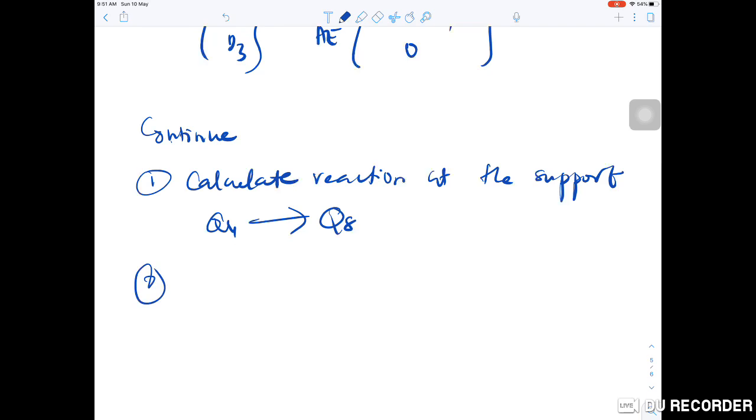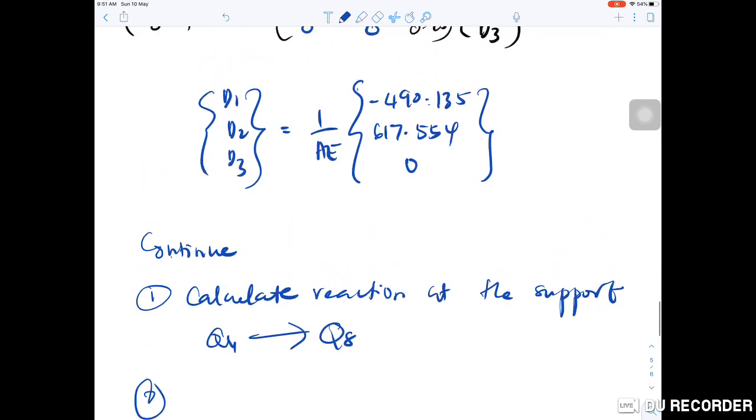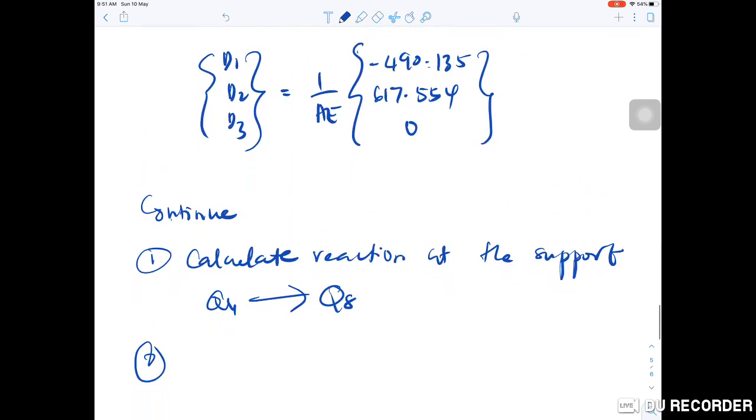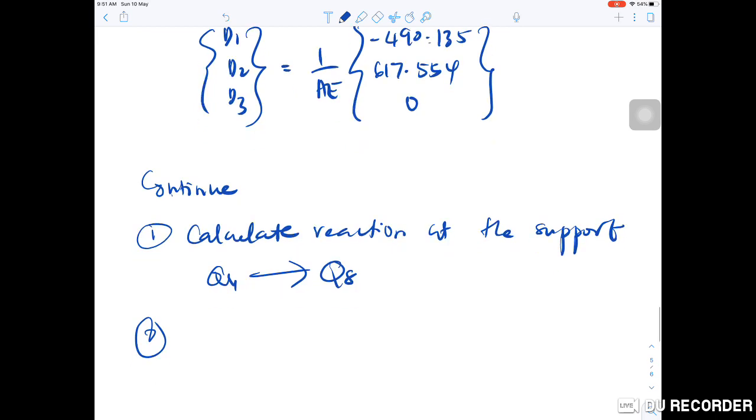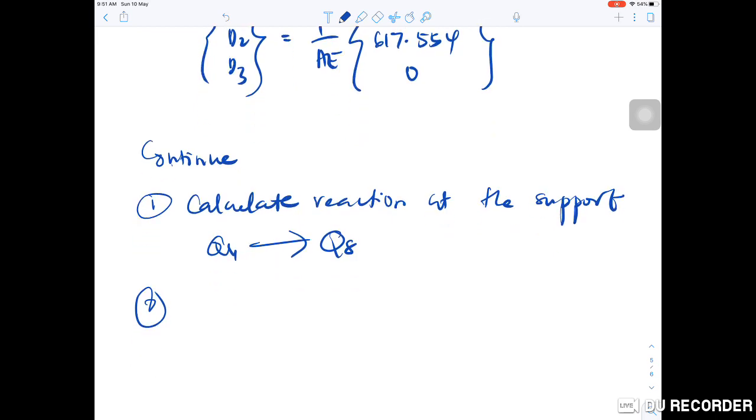With the displacement, we can also calculate the member forces. There are 5 member forces.